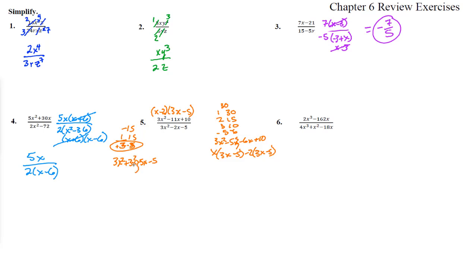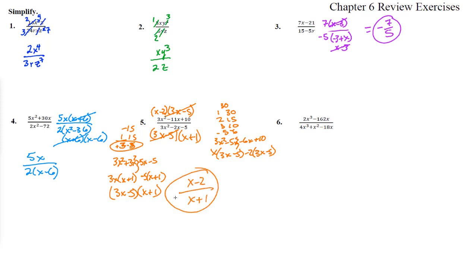Chainsaw, grouping, take out a 3x and we're left with x plus 1, and minus 5 and we're left with x plus 1. 3x minus 5 and x plus 1. So the 3x minus 5s are the same, and we're left with x minus 2 on the top, x plus 1 on the bottom, and there's answer number 5.